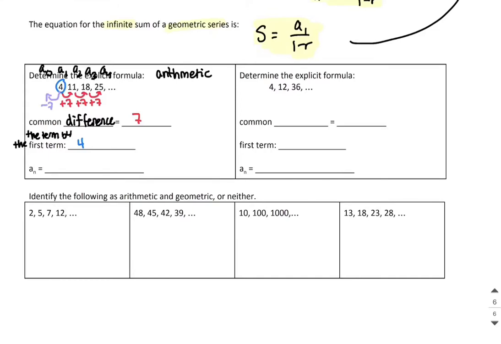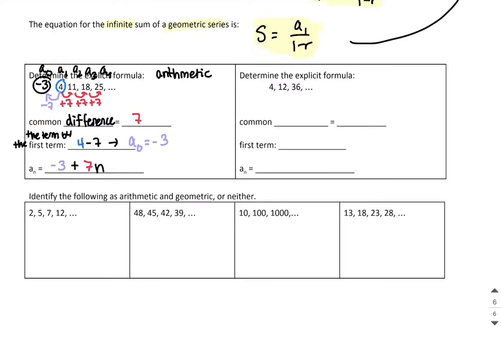And that would give me -3. So a sub 0 is -3. And then I use that information to complete my explicit formula. -3 plus 7n is my explicit formula.